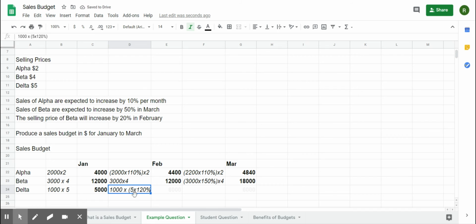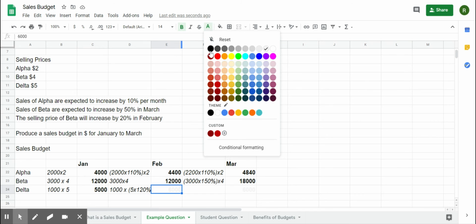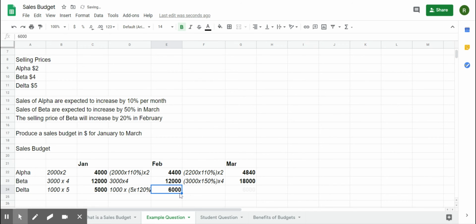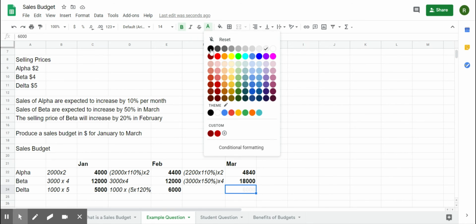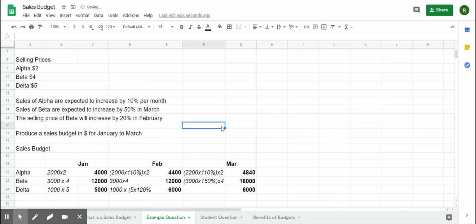So 1,000 times 6 gives us $6,000 of sales, and that will stay the same in March. Okay, so when the question doesn't say there's a change in the month, you would assume that it continues to be the same as in the previous month.